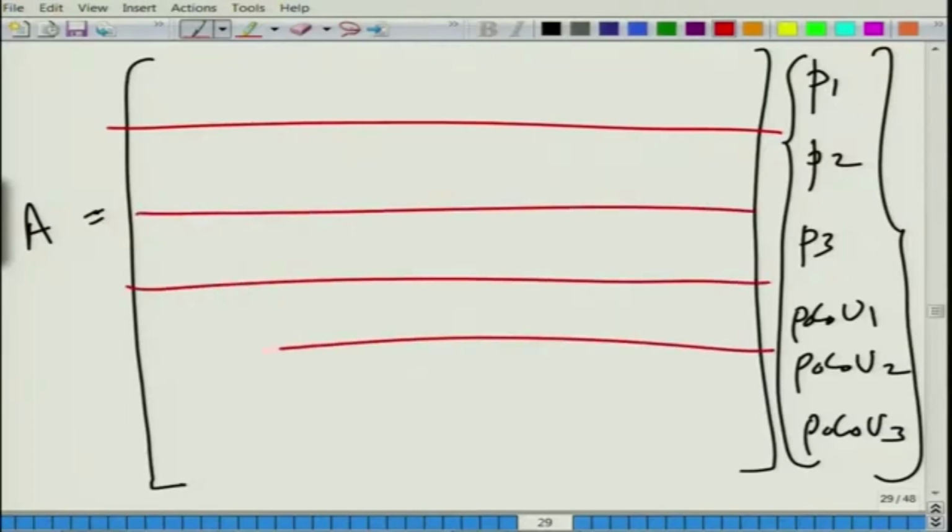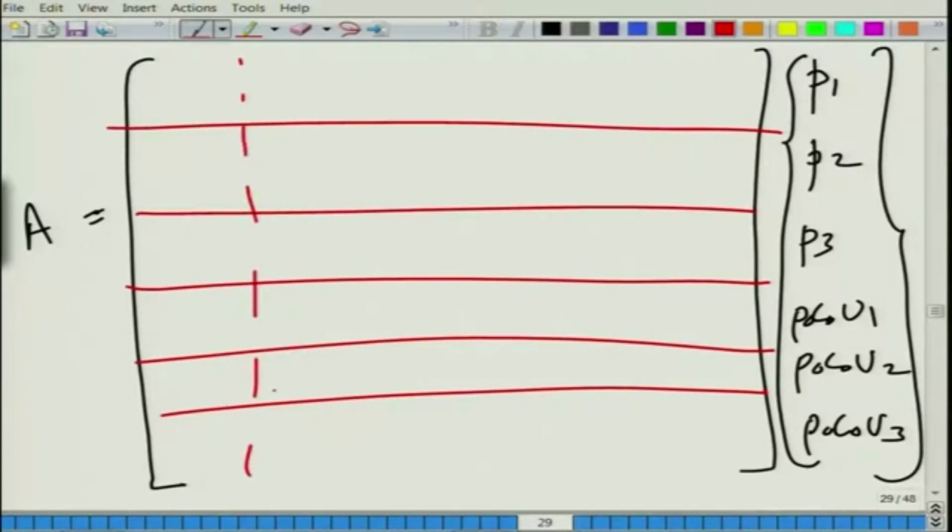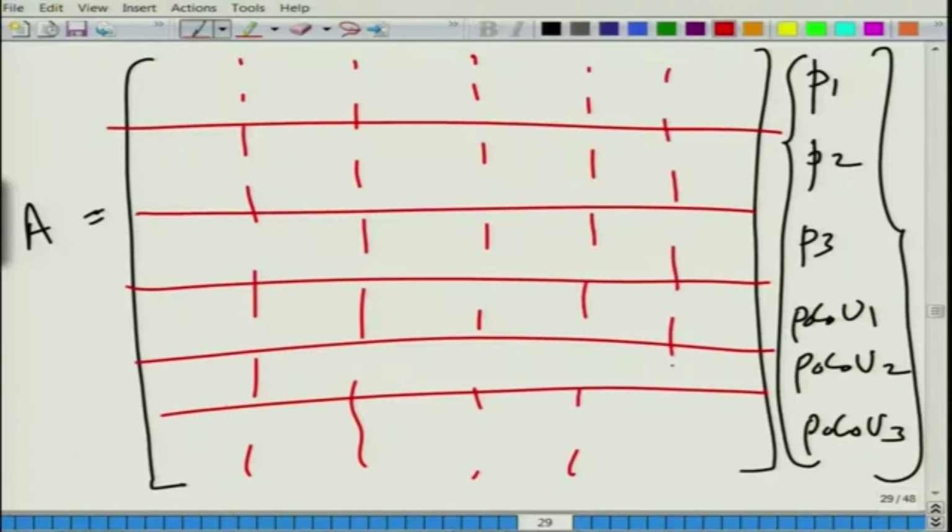So, let us make appropriate things here. So, the A14, we are now writing the momentum equation first, and let us also divide this into 6 parts, 2, 3, 4, 5, 6.